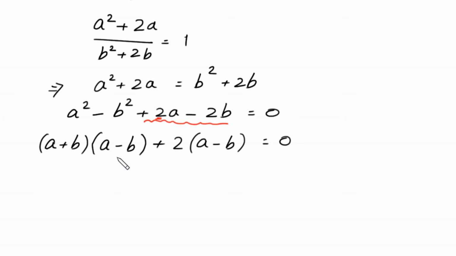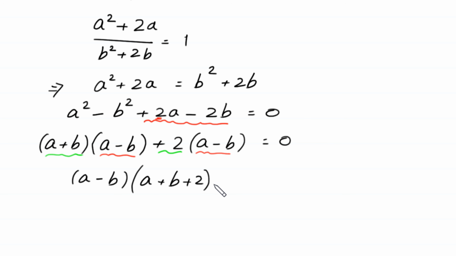Now as you can see, this expression a minus b is a common factor, so we factor out this a minus b, and in bracket left a plus b plus 2 is equal to 0.